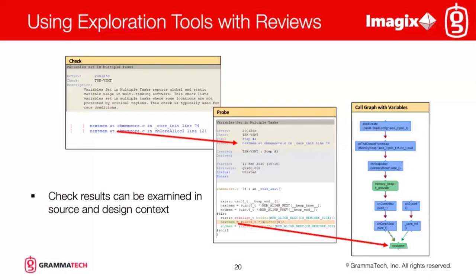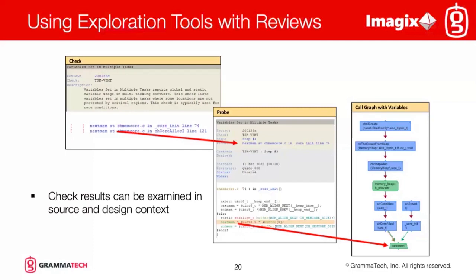By clicking on one of those items on the left, one of the listed probes, the probe display, the middle display, pops up. This contains a bunch of information showing details about that specific warning or that specific issue.